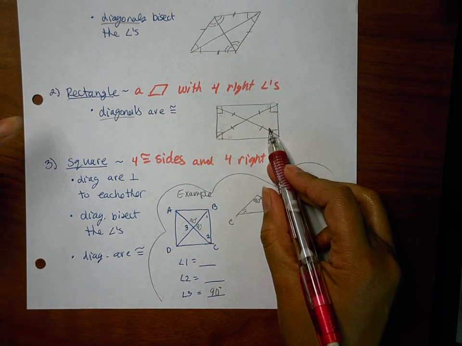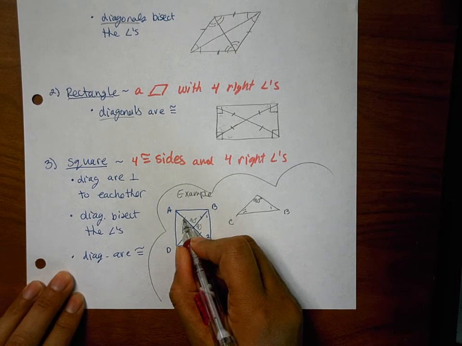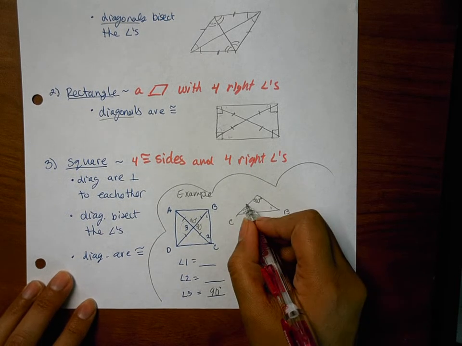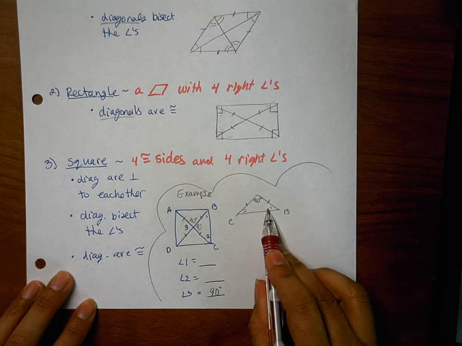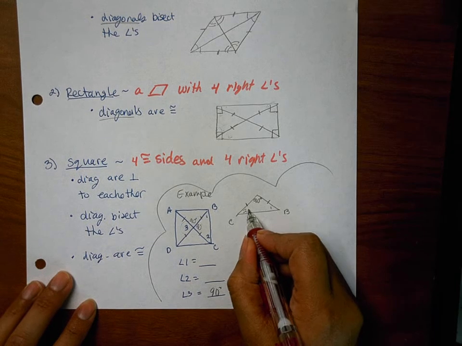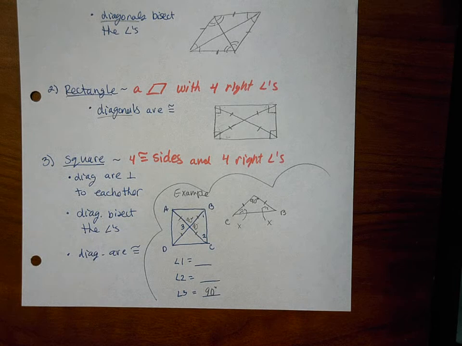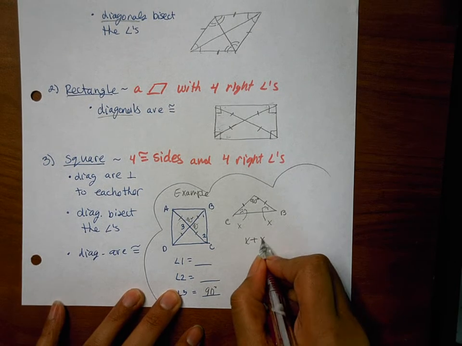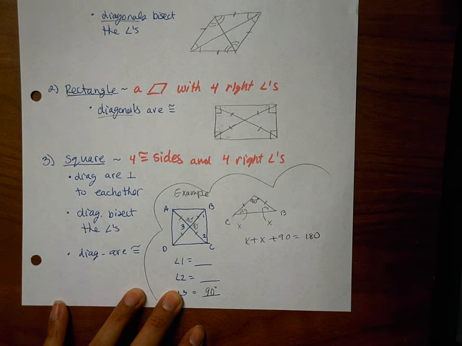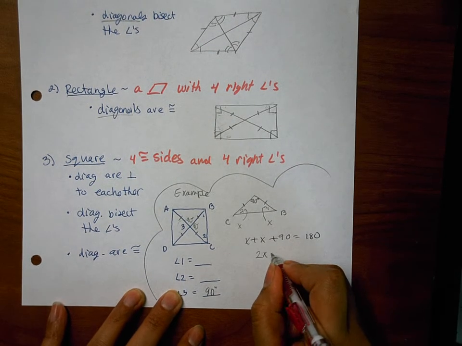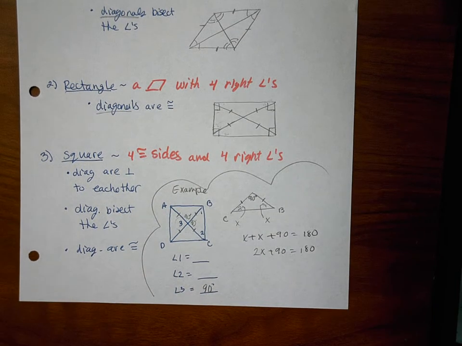Now taking a look, because a square is a rectangle, diagonals are congruent, which, remember, that means that we have a bunch of little isosceles triangles. So that is an isosceles triangle, which means those two are the base angles. So if we call that one X, that one there can also be called X because it is an isosceles triangle.